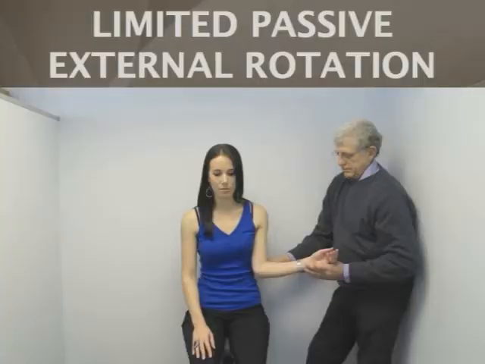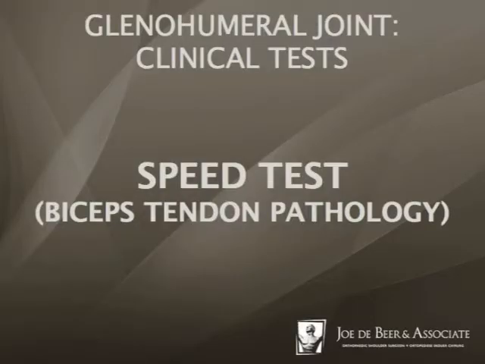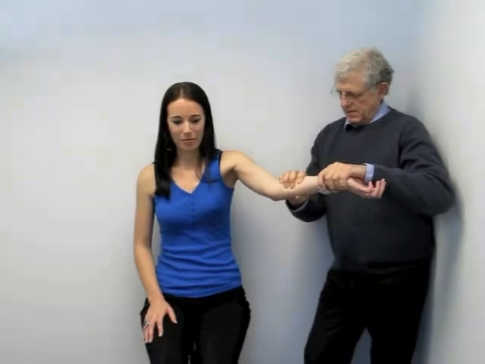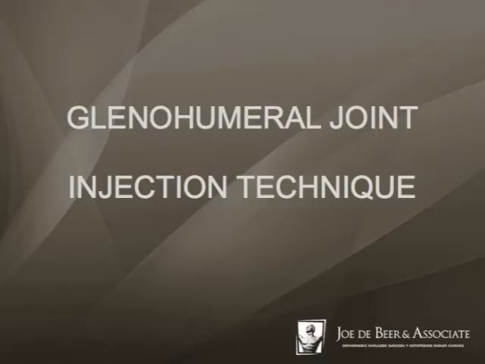Special mention has to be made of passive external rotation, which is very limited in frozen shoulder. The speed test is specific for biceps tendon pathology and is done with the arm in forward flexion, but supinated with the palm up and then pushed down.